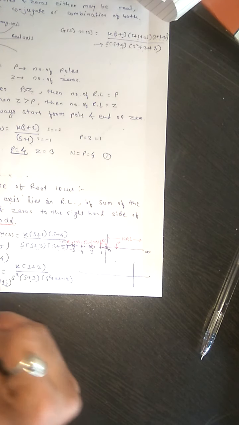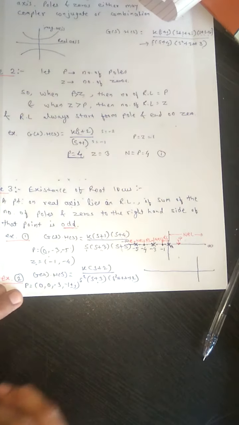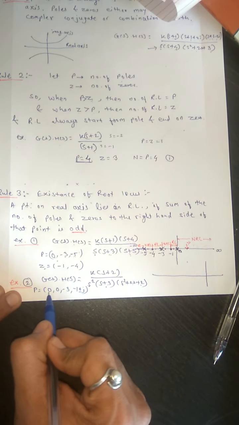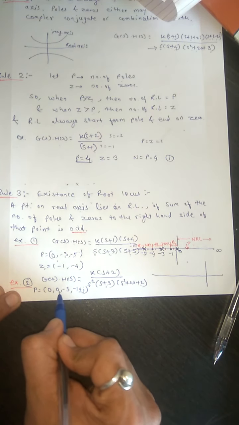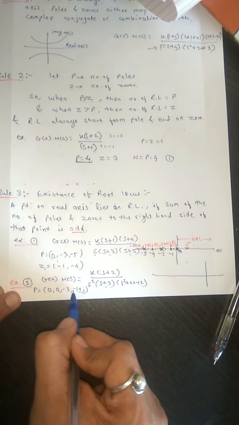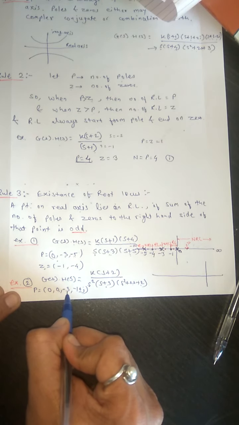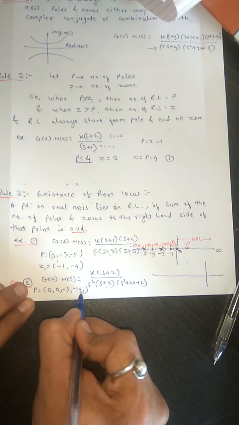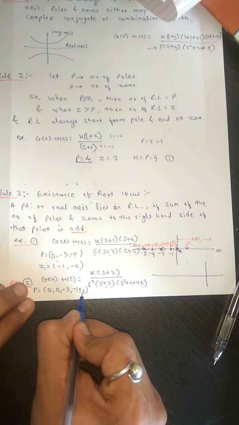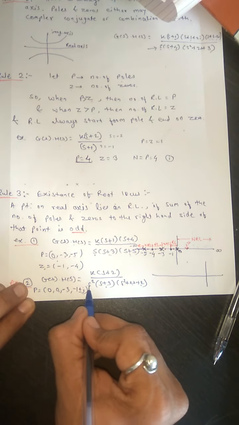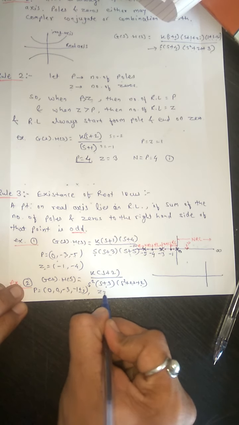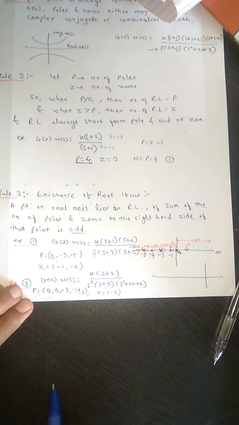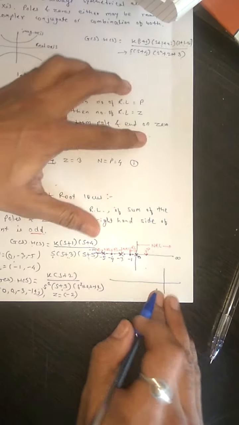So values of poles are 0, 0 because there is S square. Then S plus 3, so pole value is -3, and S square plus 2S plus 2, roots of this equation, so -1 plus J and -1 minus J, two values of poles. So combinedly we have 4 poles and 1 zero with value -2. Getting this? Clear?